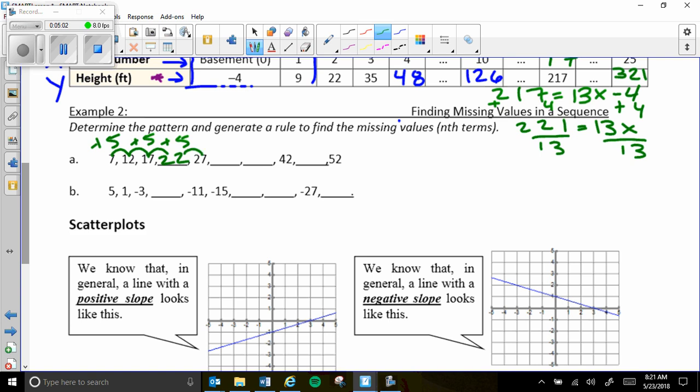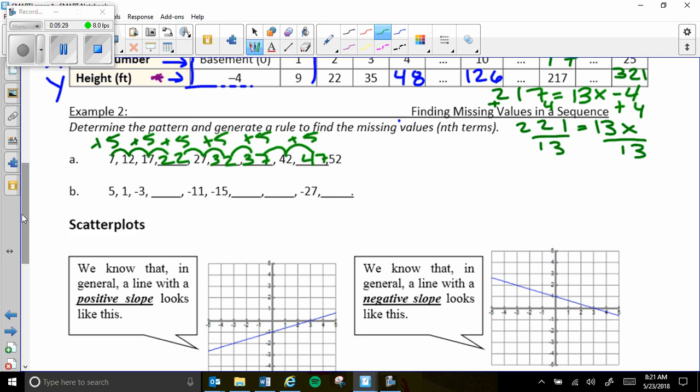Okay, and that rule still works. 22 plus 5 is 27. 27 plus 5 gives me 32. Plus 5 again, 32 plus 5 would give me 37. Still works. And then 42 plus 5 gives me 47. So each time our common difference was a plus 5.